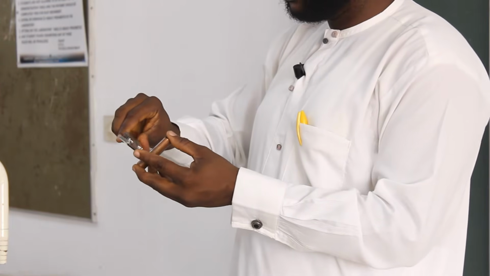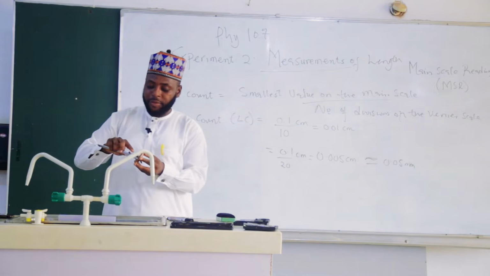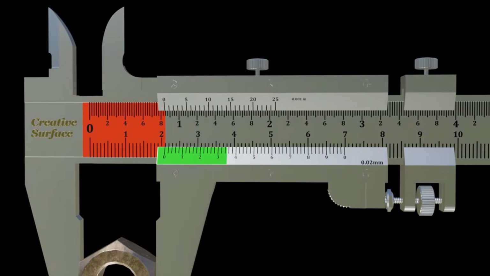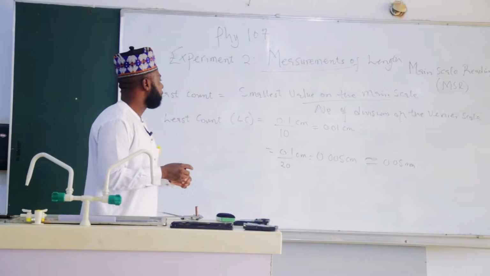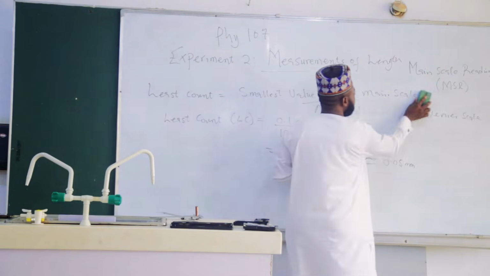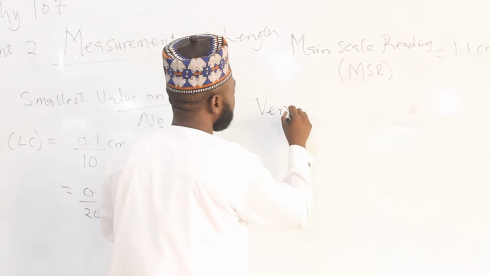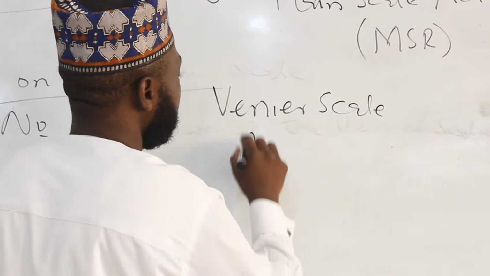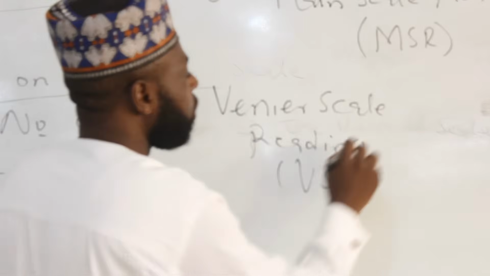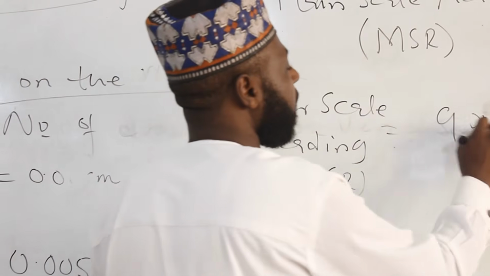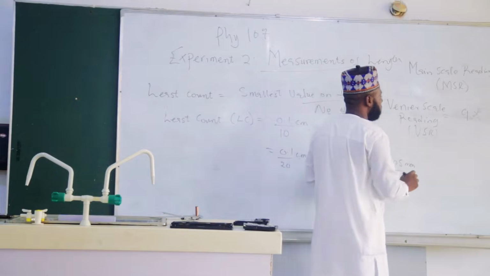The next stage now is to look at all the markings on the vernier scale and find the division that coincides with that of the main scale. So we are going to get our vernier scale reading. So our vernier scale reading, which we are going to represent as VSR, is the ninth position multiplied by the least count of this instrument, which is 0.05.